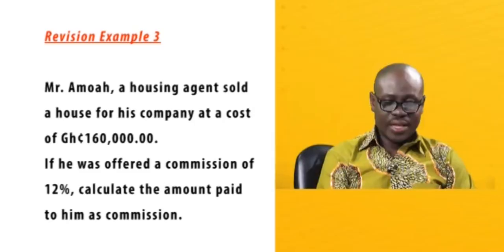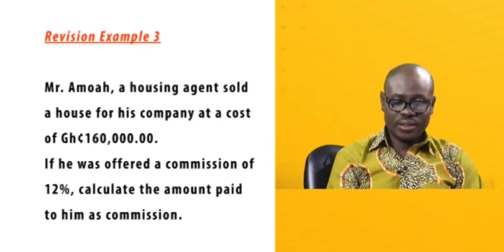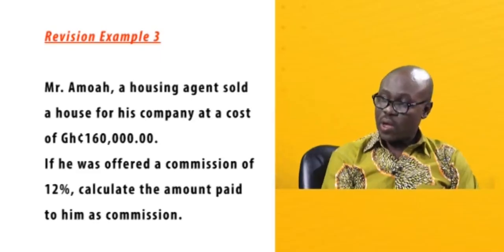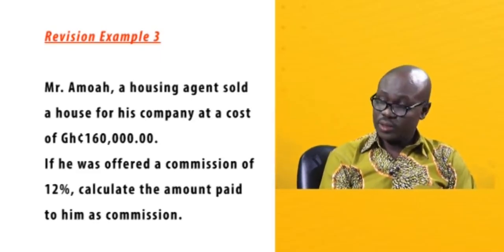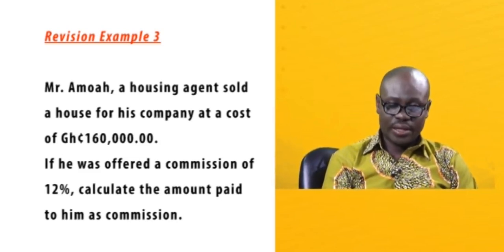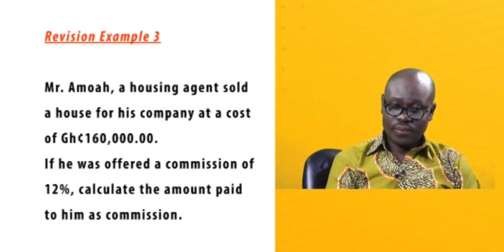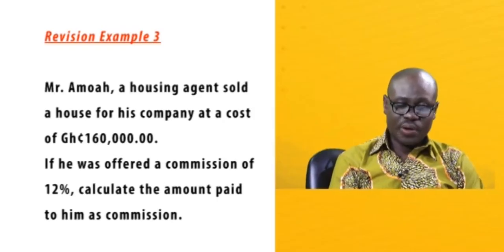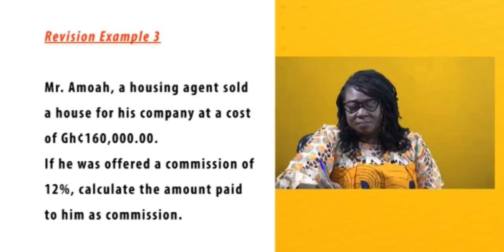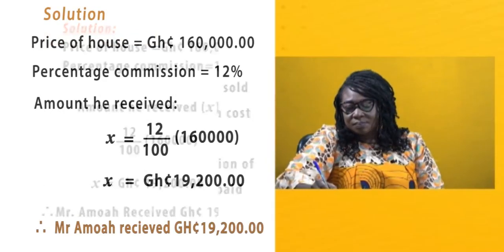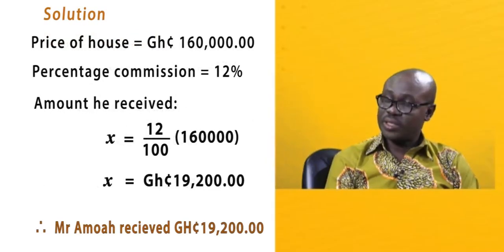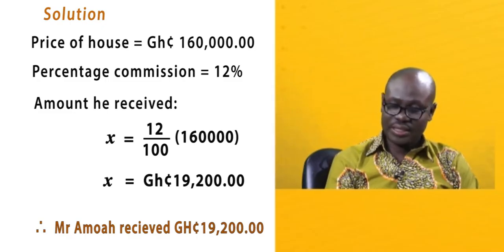Thank you. So for a question like this, we have to look out for how much he sold the house, and then what was the commission that he was offered. Now from the question, the price of the house was 160,000 Ghana cedis, and he was offered a commission of 12%.